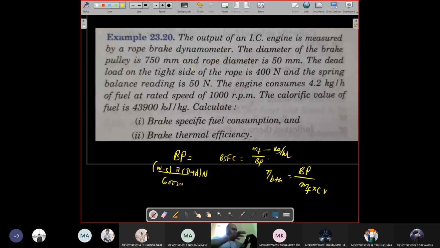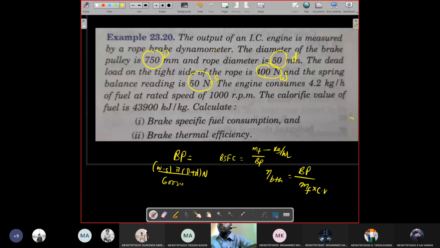Any doubt, please ask me. If you see, capital D is given, and this is small d, the dead load W is given and the spring balance S is given.